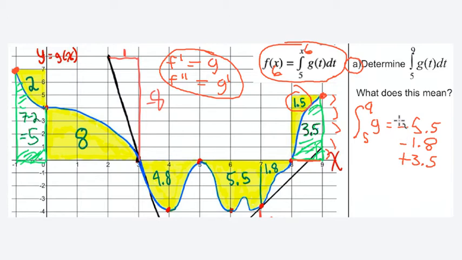Now, if we add up all those areas, what do we get? Negative 5.5 minus 1.8 would be negative 7.3. Negative 7.3 plus 3.5 is kind of like 7.3 minus 3.5, which ends up equaling negative 3.8.